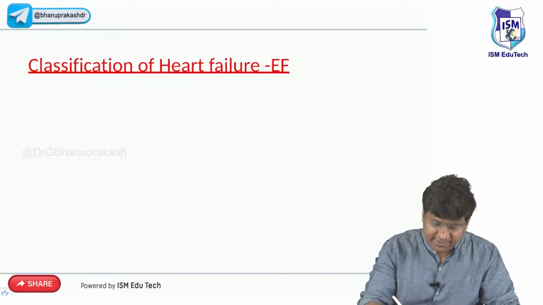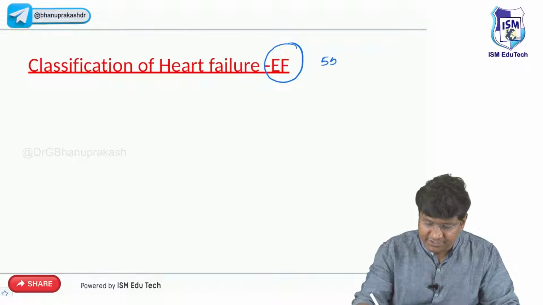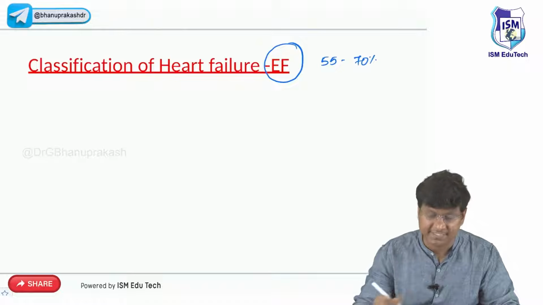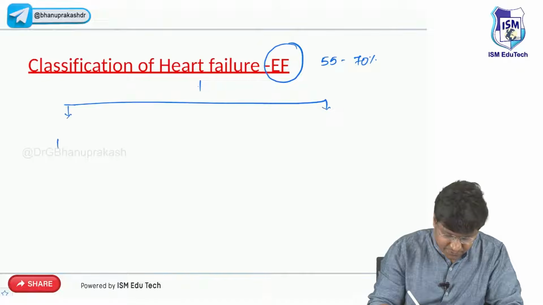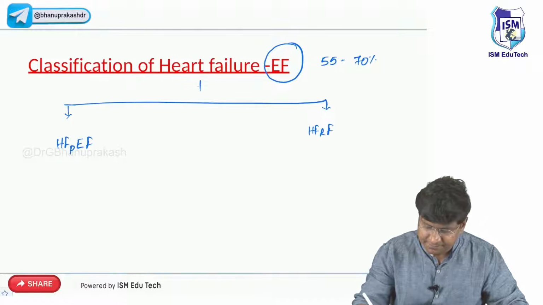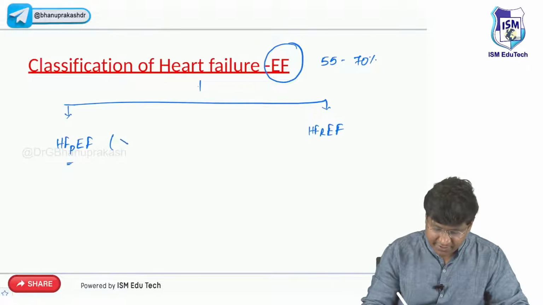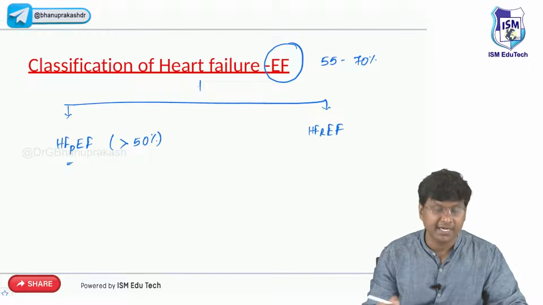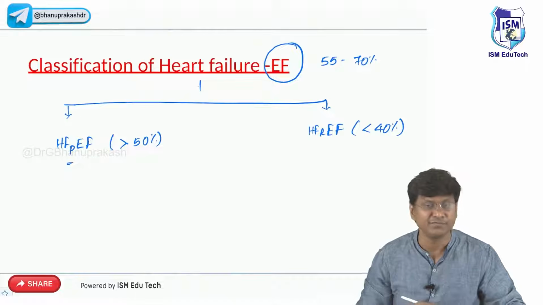Then if you take the left heart failure, we classify that based on the ejection fraction. Normal ejection fraction is 55 to 70%, right? And we classify this into heart failure with preserved ejection fraction and heart failure with reduced ejection fraction. If you take heart failure with preserved ejection fraction, the ejection fraction of the patient will be more than 50%. Whereas heart failure with reduced ejection fraction, the ejection fraction of the patient will be less than 40%.